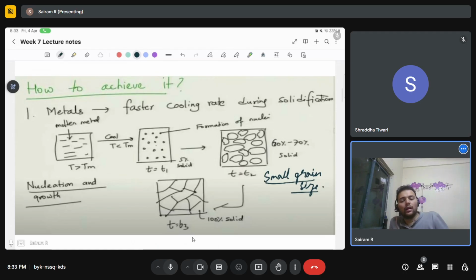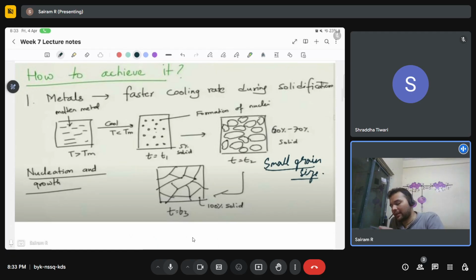During solidification, when we have a molten metal and want to form a very fine microstructure, we have two mechanisms which are competing in nature and are also dependent on time and temperature. These two mechanisms are nucleation and growth.